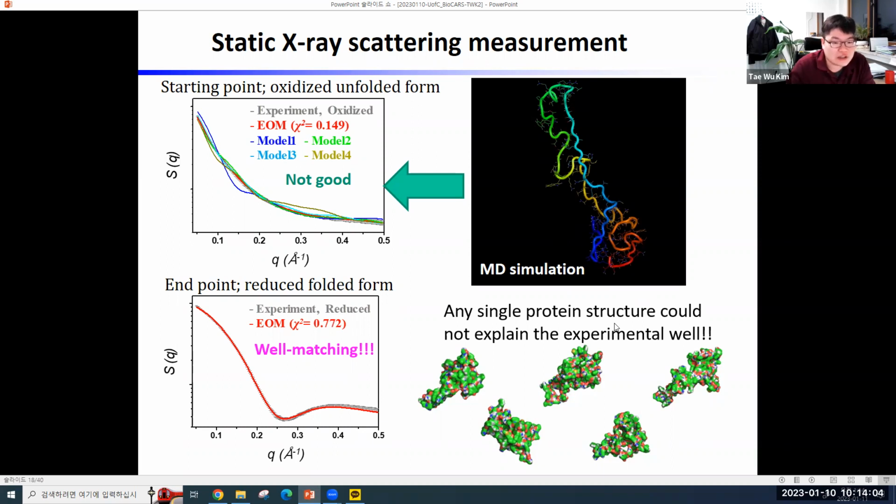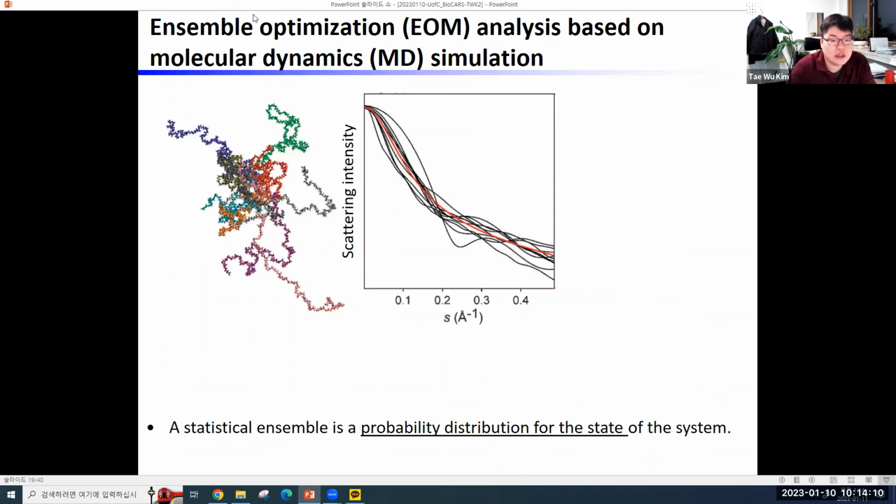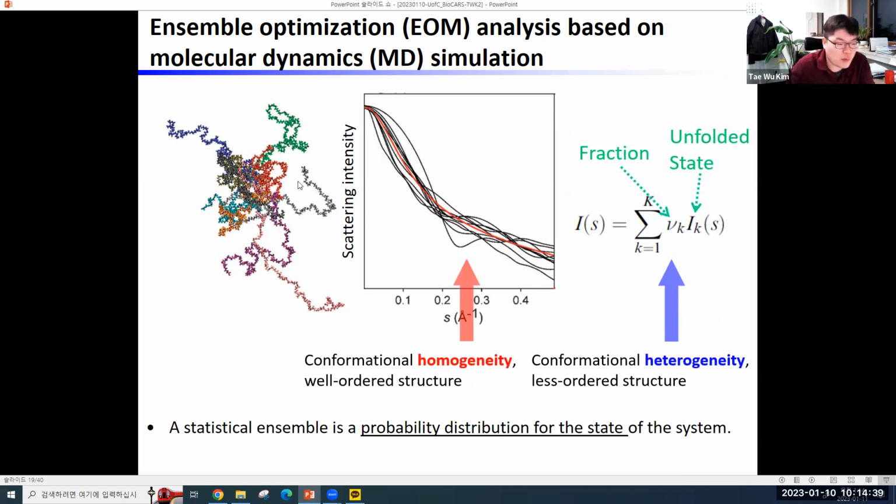So to do the structural analysis for this data, I changed our analysis scheme to a new one: ensemble-based analysis. Let's think about protein conformations in the unfolded state. It will be like this blue extended structure, or red extended structure, or the magenta structure. All of those show very extended conformations, but they are not the same. So in our unfolded state, conformational homogeneity will not work.